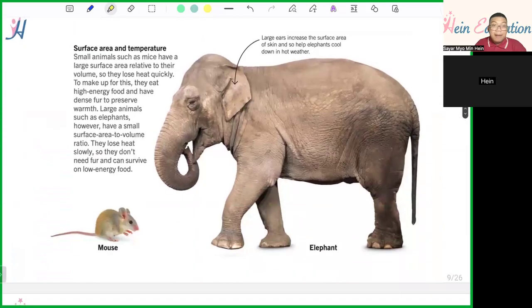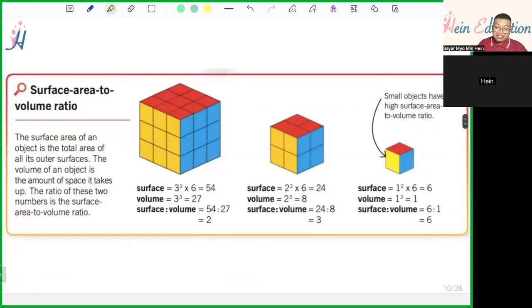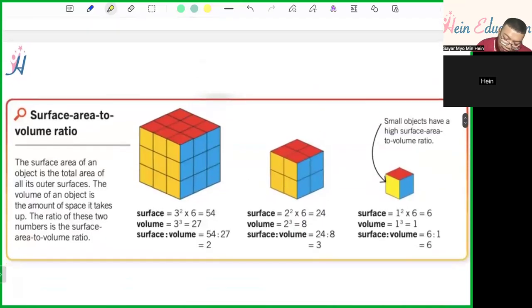And this is the example showing you all about the surface area to volume ratio with a mouse and an elephant. And again, this is the mathematical calculation where we can calculate the surface area to volume ratio. So let's take an example. We have a cube.